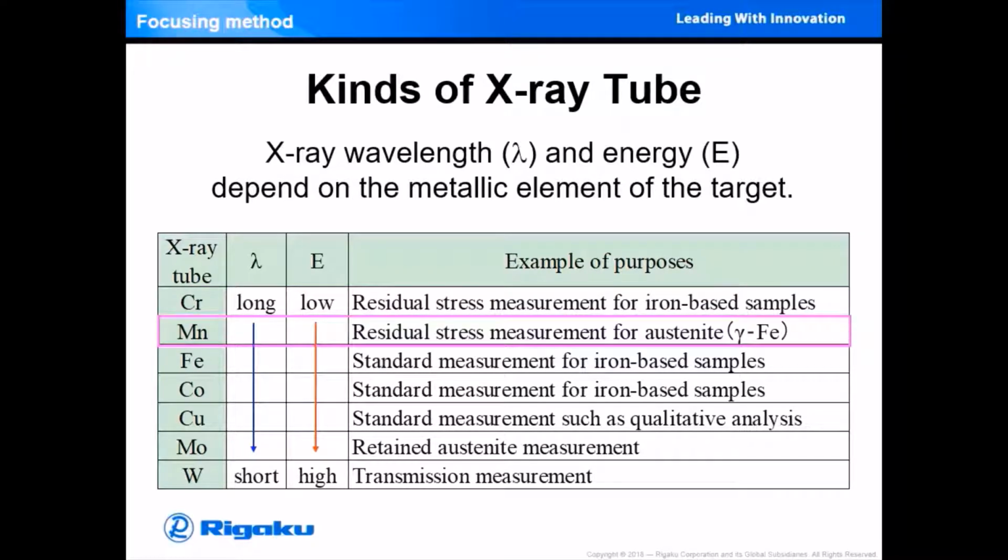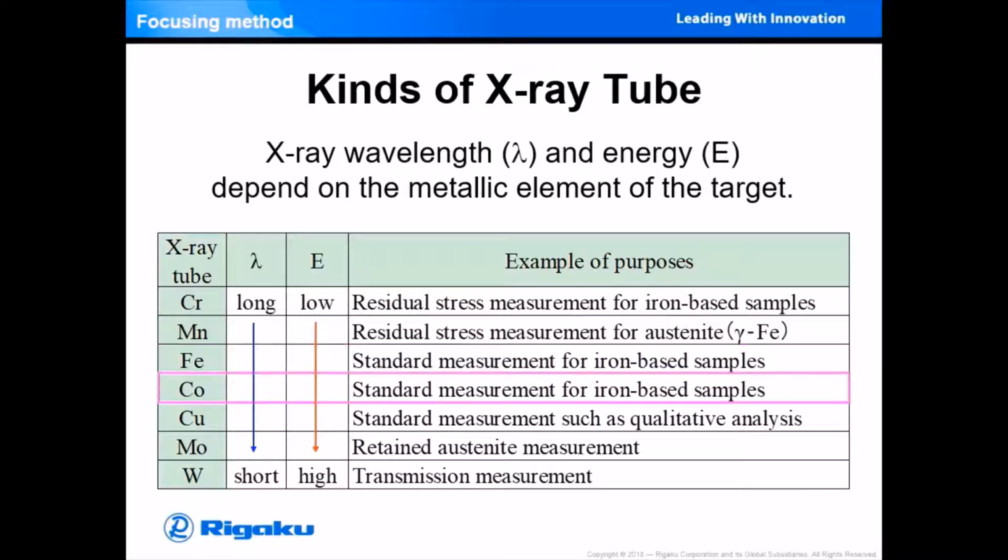A manganese X-ray tube is used for the residual stress measurement of gamma iron, also called austenite, and others. An iron X-ray tube is used for the iron-based samples in the measurement with the K-beta filter method, or for ceramic samples of residual stress analysis.